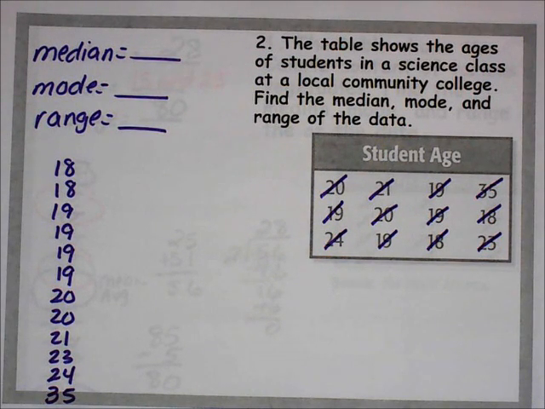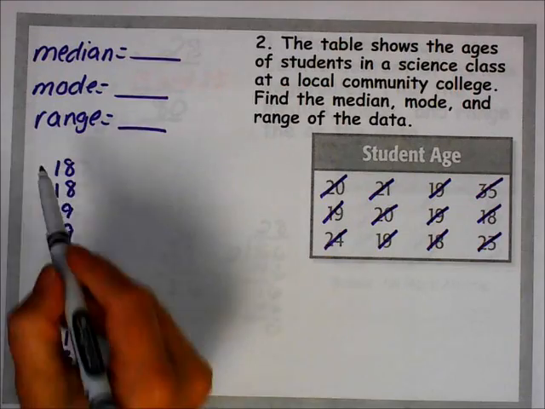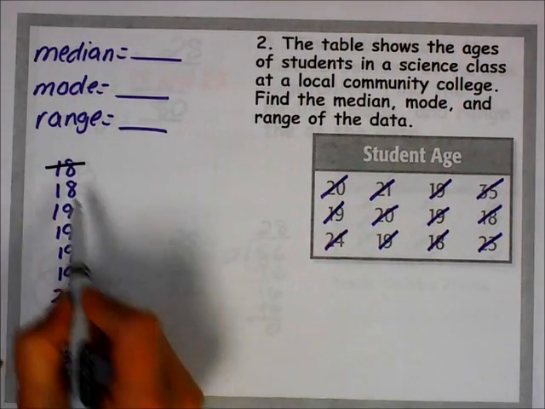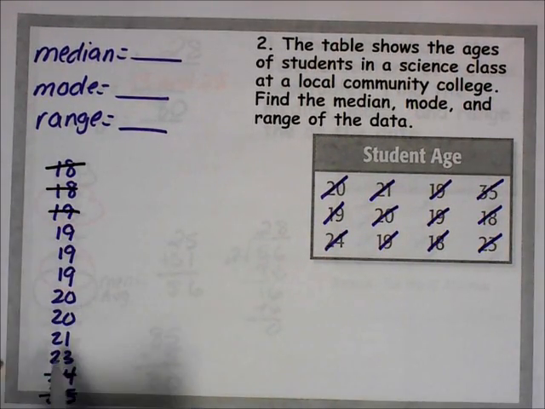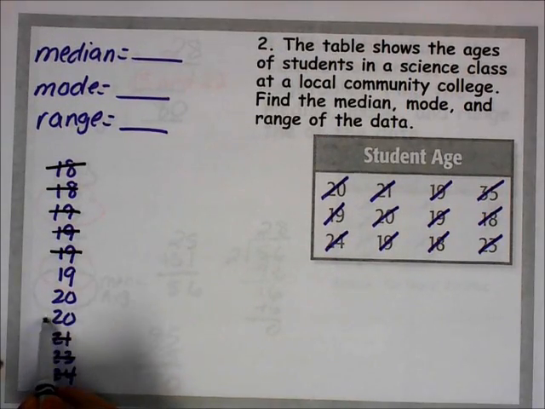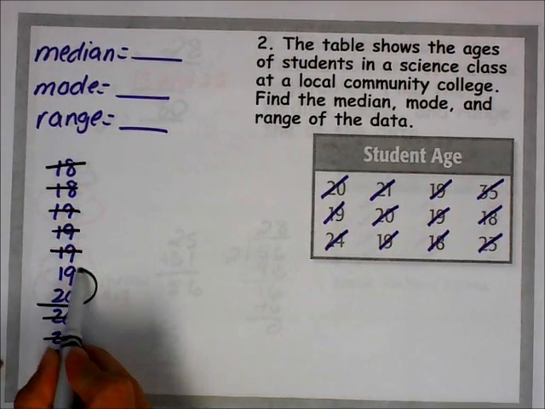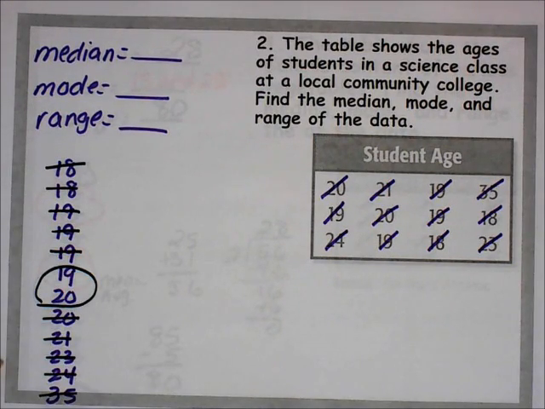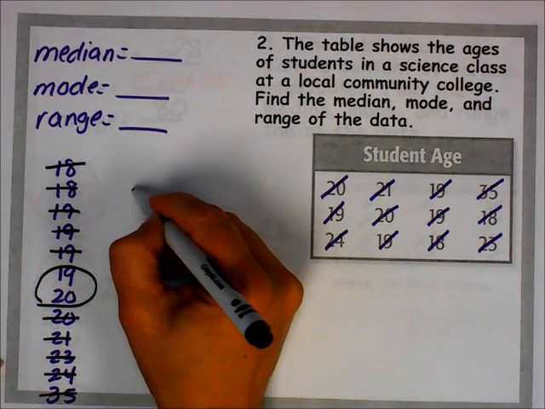Now, in order to find the median, I'm going to start marking one off the top, one off the bottom. Top, bottom, top, bottom, top, bottom, top, bottom. And notice I have 2 in the middle again, so I'm going to have to find their average.